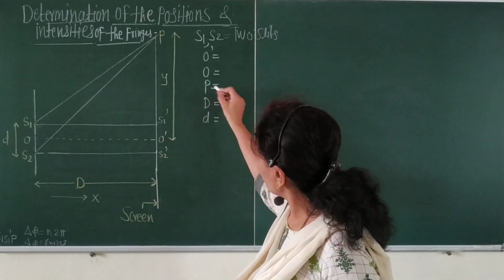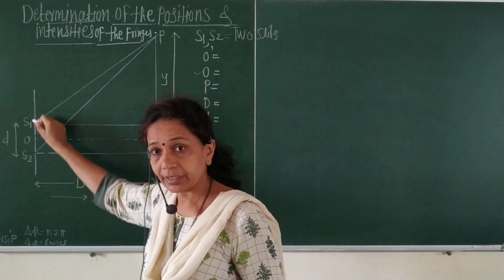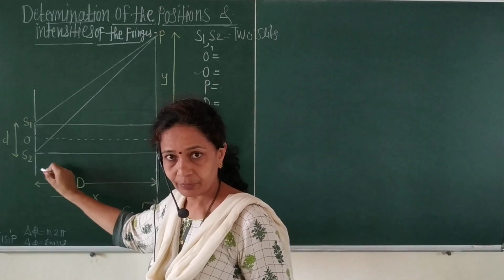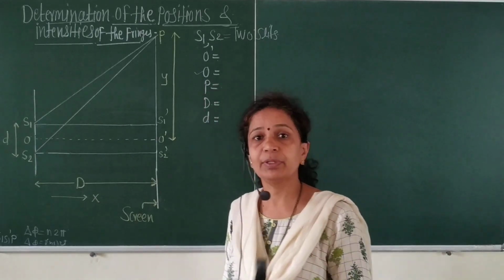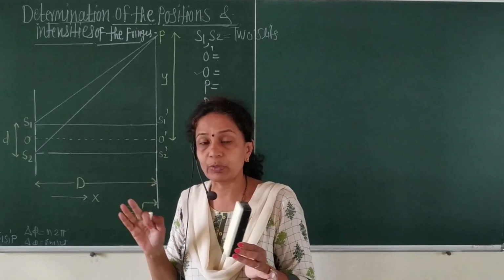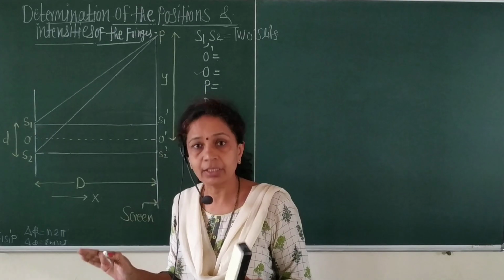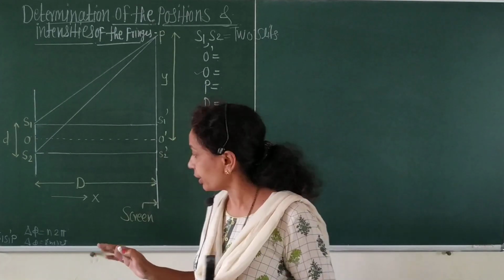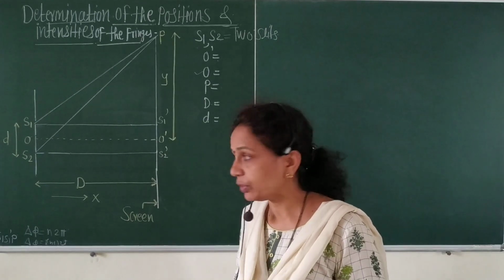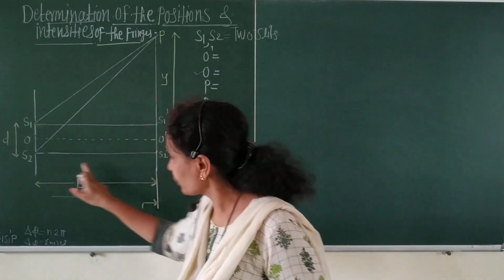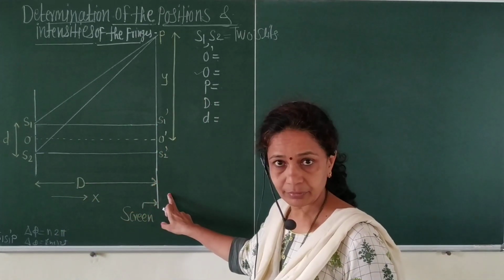O is the center of the two slits. Small d is the distance between the two slits, which is very small, in mm. Capital D is the distance between the slits and the screen.